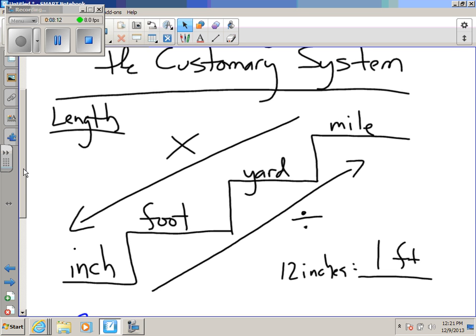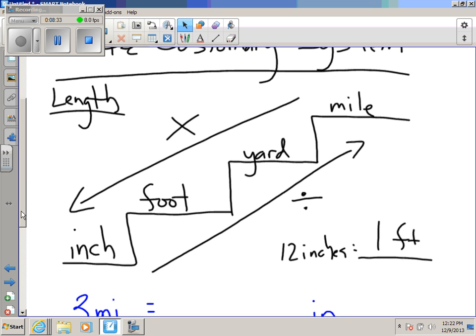So I want to probably go miles to yards, yards then to feet, feet then to inches, unless you know how many inches are in a mile. Is that in your blue chart? So just because it's not in your chart doesn't mean that it can't be done. You just have to do a little bit more work to get there.